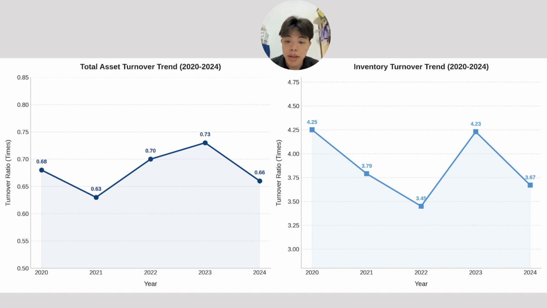It was the global inflation and the supply chain chaos. It's like a grocery store stocking up. There is too much milk because they're afraid of a shortage, and it slows things down. And by 2023, they cleaned the culture and went back to business.